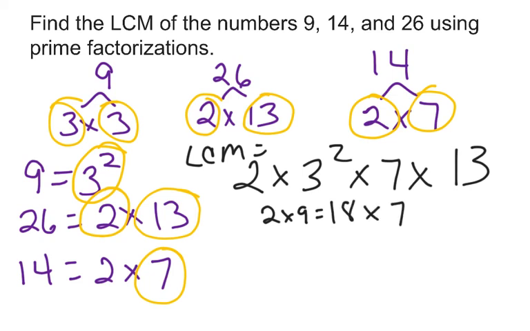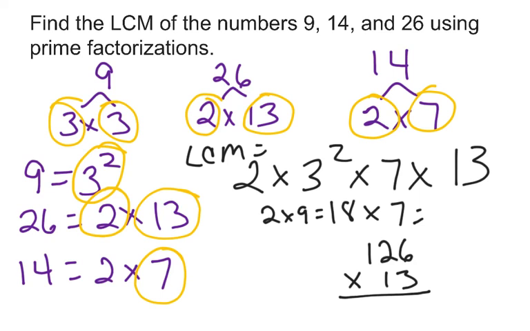Times 7, again, I'm going to use the distributive property in my head. 7 times 10 is 70. 7 times 8 is 56. 70 plus 56 is 126. And 126 times 13 I can figure out.